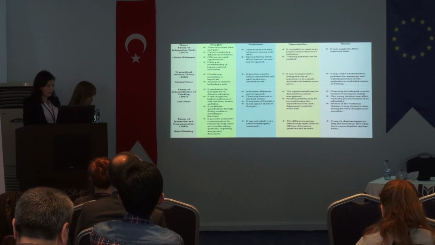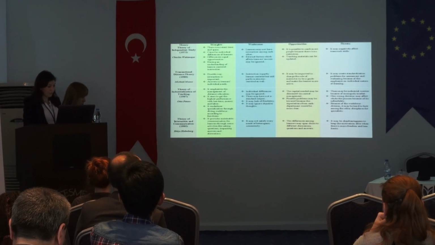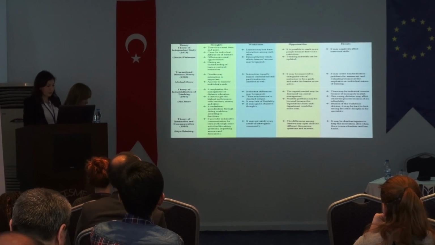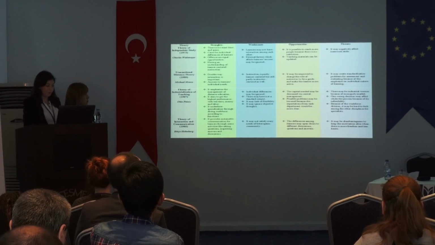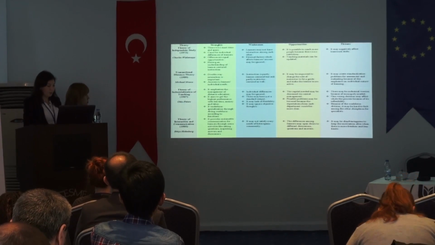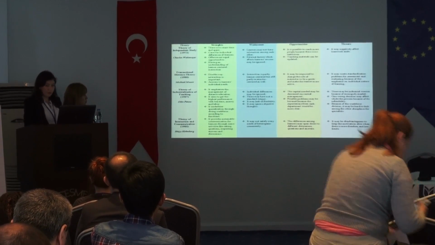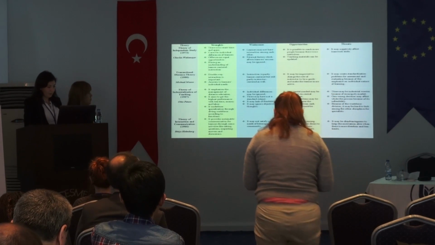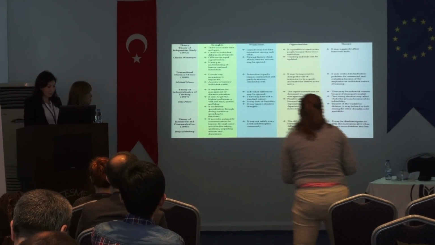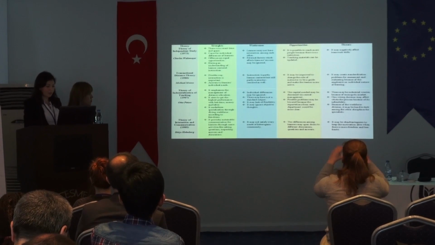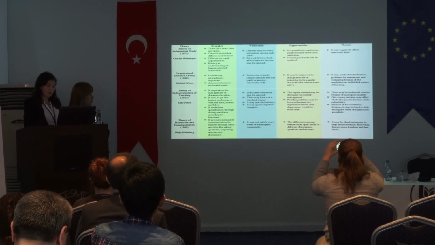And about transactional distance theory by Moore, strengths could be double interaction is important here. It also answers learners' individual needs. Weaknesses can be instruction is partly learner-centered but still partly instructor-centered.